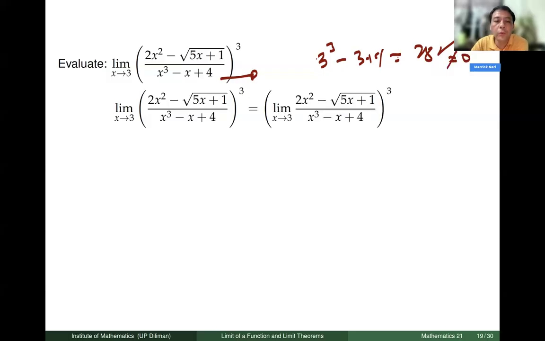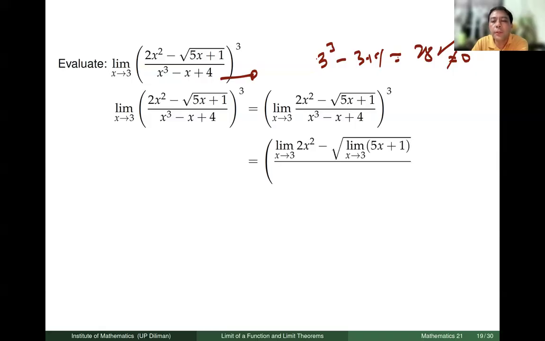So, we can continue. Okay, so the limit of a power is the power of the limit. The limit of a quotient is the quotient of the limits. So, apply natin yung radical and then theta, no? So, sa numerator, madali na lang yan. That's 18, 2 times 3 times 3 squared.